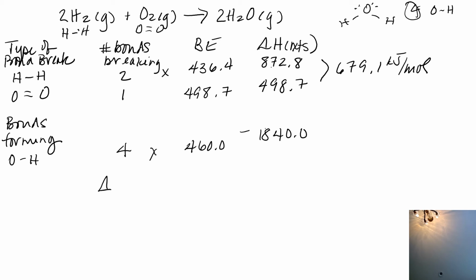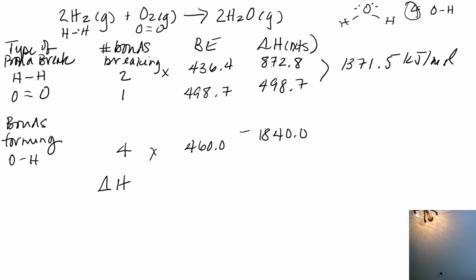I'll go ahead and rewrite this down here. I keep looking at the wrong thing in my notes. I should have seen that was not correct. Sorry. This is 1371.5 kilojoules per mole.